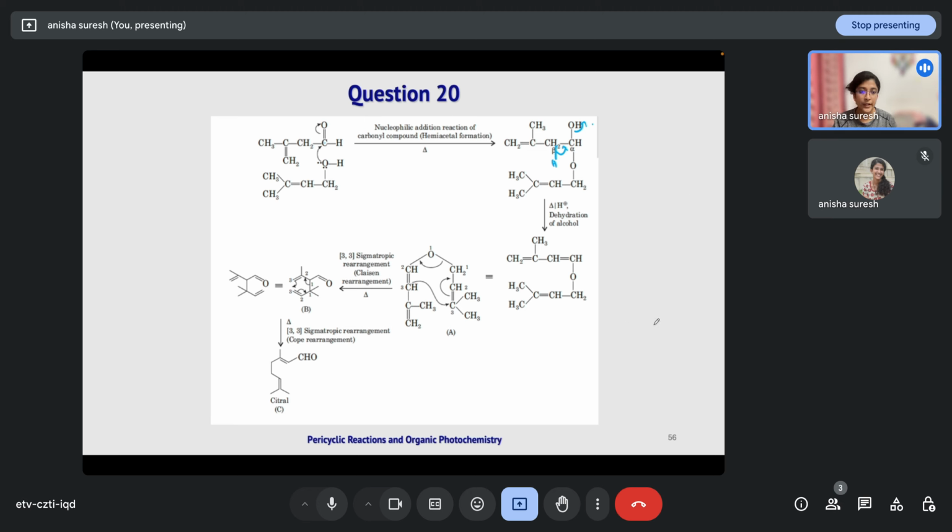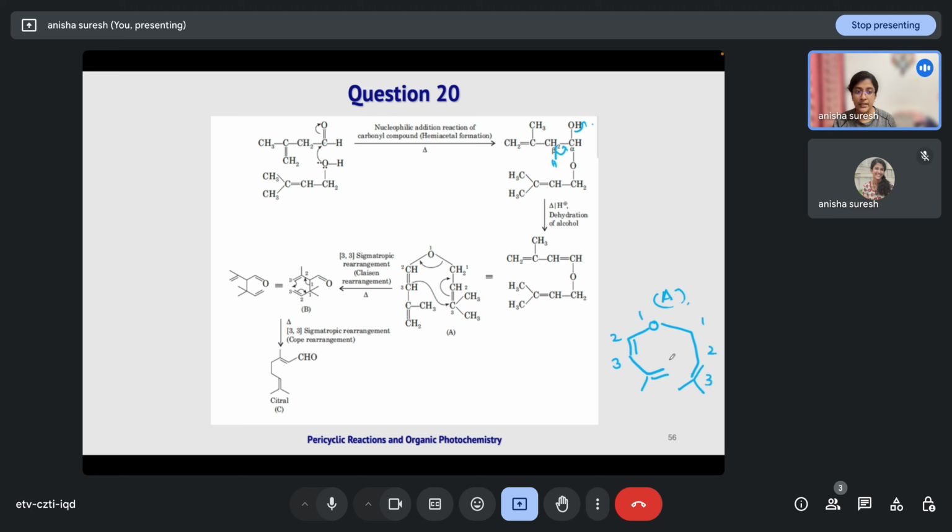Okay, then as you can see here, this A can be drawn like this: O, double bond, CH3, and CH2 double bond CH3. Okay, so this is A, and it can undergo a 3,3 sigmatropic rearrangement. See, this is the allyl vinyl ether. So 3, 2, 1, 1, 2, 3.